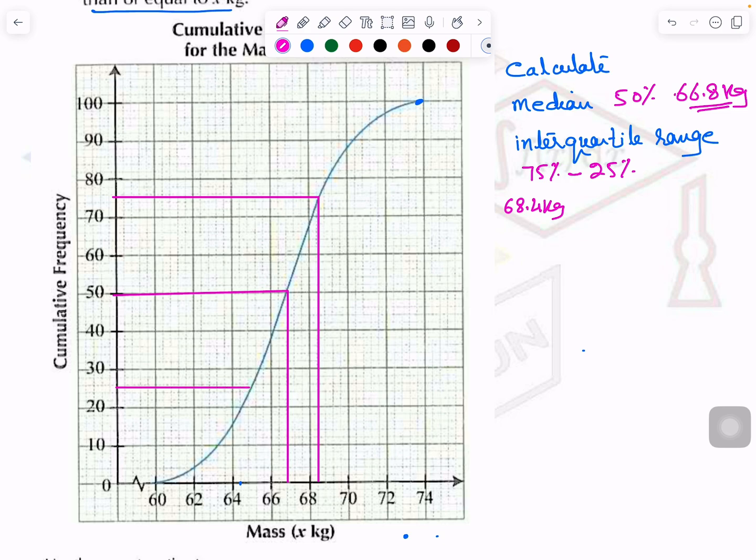Suppose it is somewhere here, say 64.8 kg. So I will subtract these two answers to get the interquartile range, which is 3.6 kg. I hope you understood the meaning of the interquartile range and the median.